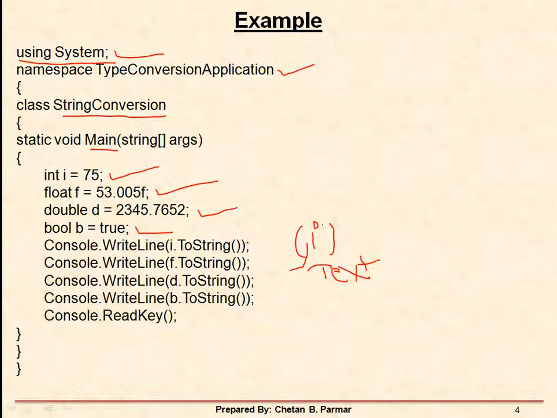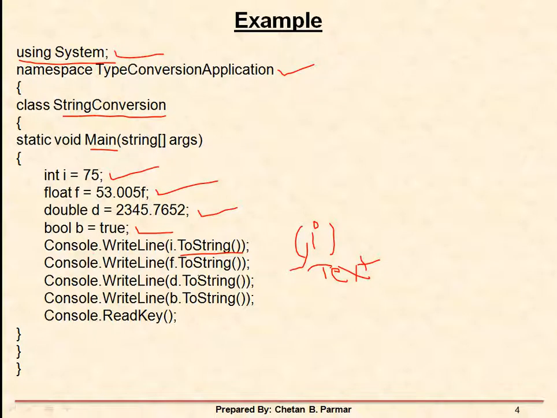You have to first convert this i variable into string, and this is done by the ToString method. That's why you write i.ToString(). So the integer will be converted into string, and that string will be passed to the WriteLine function, and 75, the value of i, will be displayed on screen.